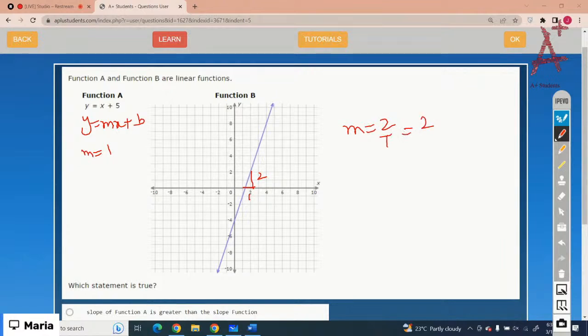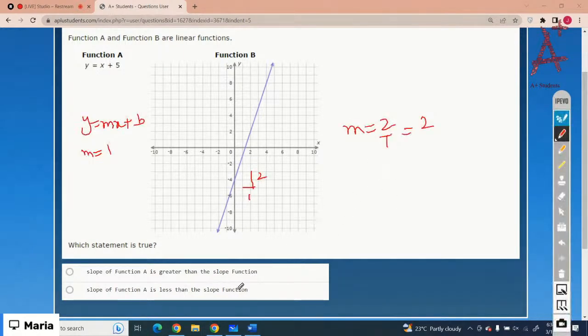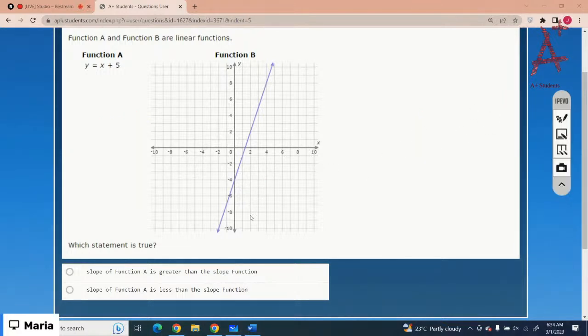That would be 2. So which statement is the correct one? Slope of function A is less than slope of function B. Right? Option number 2 is the correct option.